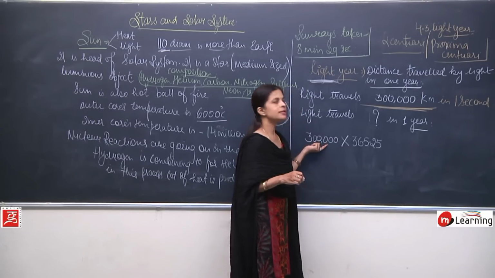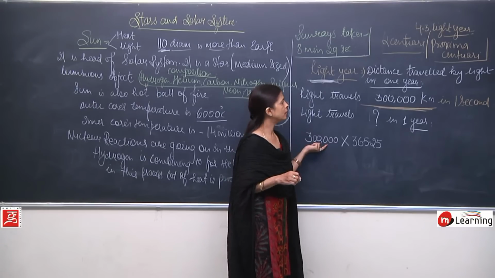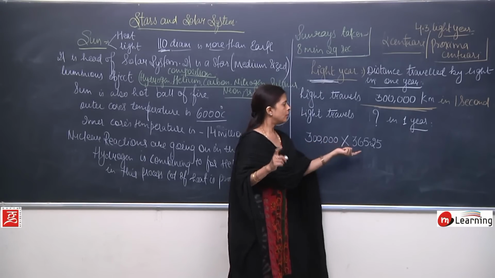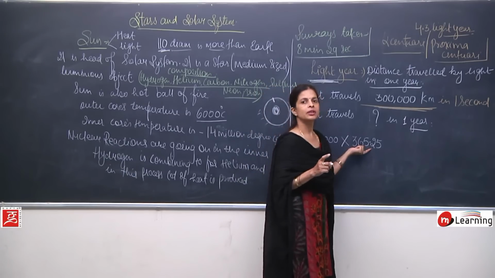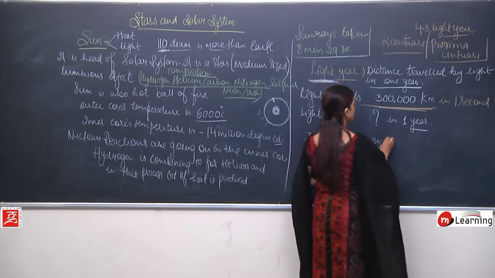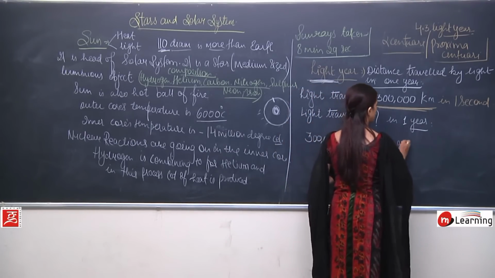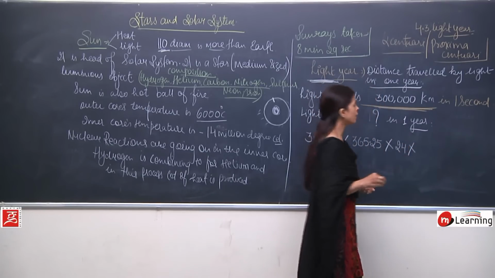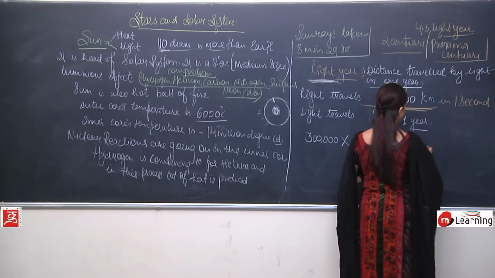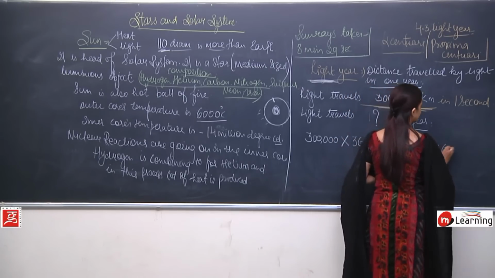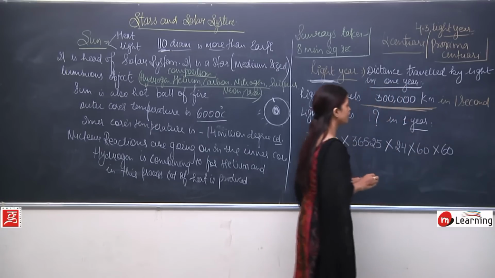These are the kilometers which the light travels in 1 second. Now these are the days, in 1 year we have got these many days. Now if we talk about the hours, we have got 24 hours. If we talk about the minutes, 1 hour is equal to 60 minutes, and 1 minute is equal to 60 seconds.